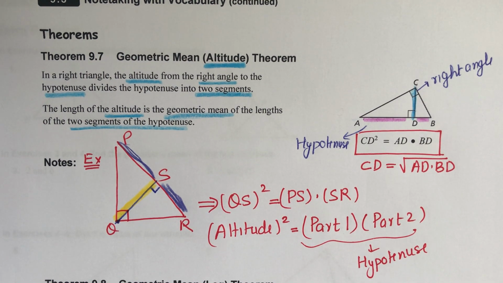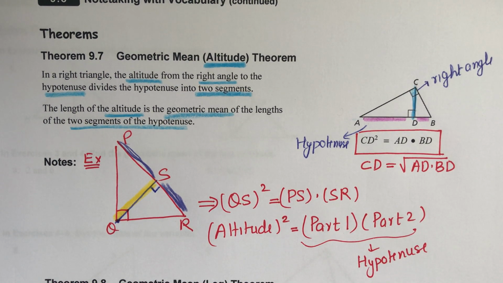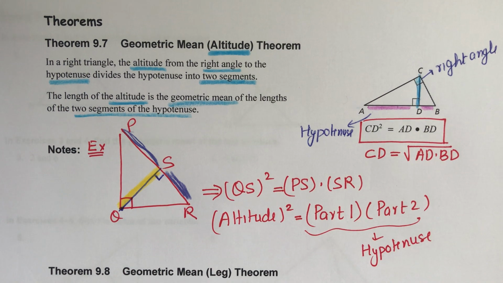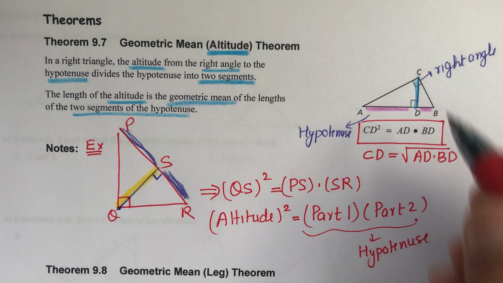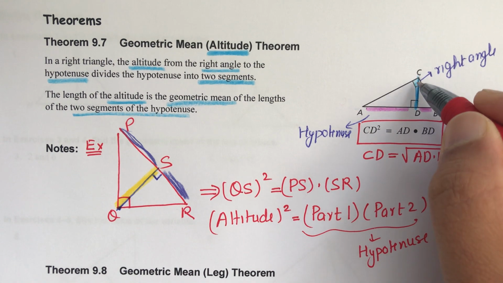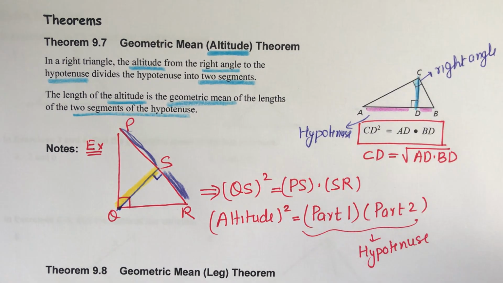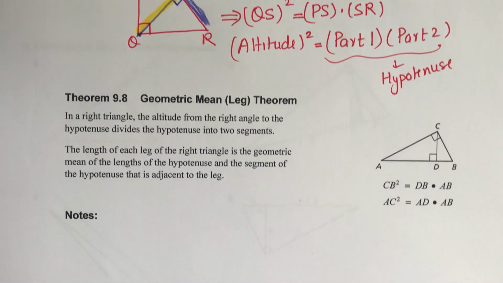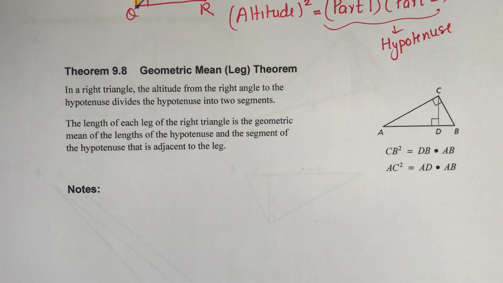After this we have another theorem, that's the geometric mean leg theorem. Now, what if we are not interested in finding the hypotenuse? We draw an altitude, but we are interested in the legs. So that's the next theorem, the geometric mean leg theorem.